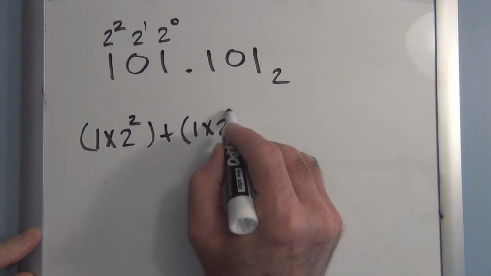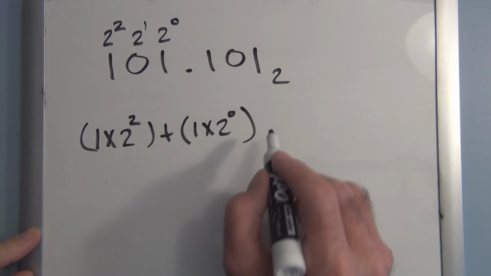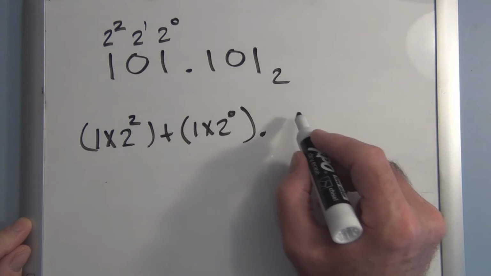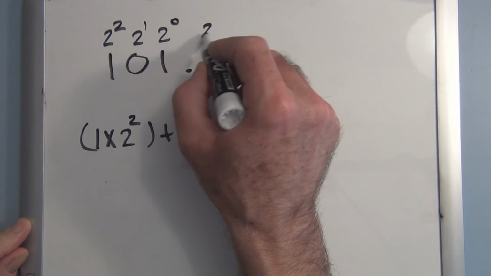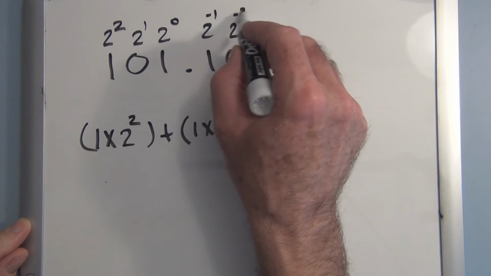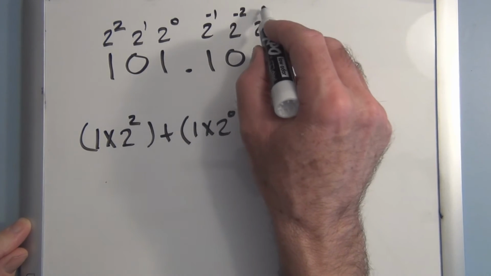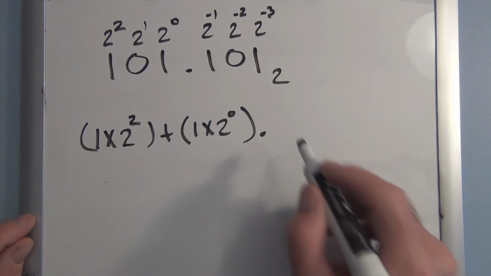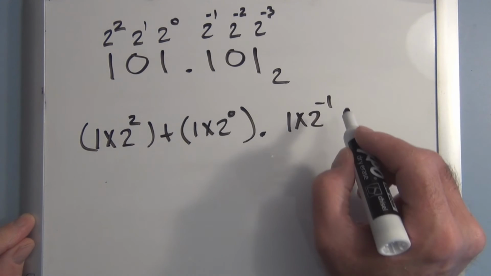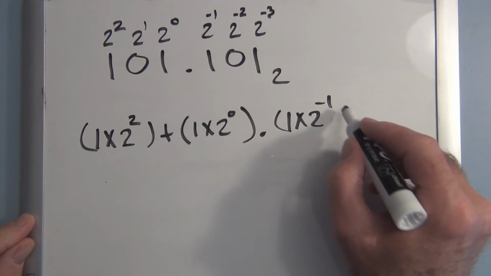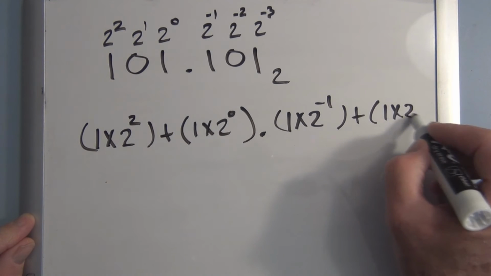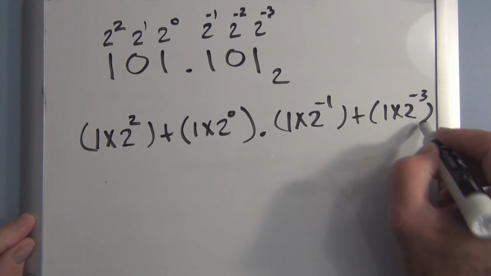And then we have the fractional part here. This here is 2 to the minus 1, 2 to the minus 2, and 2 to the minus 3 for the weights. So this is 1 times 2 to the minus 1 plus 1 times 2 to the minus 3.